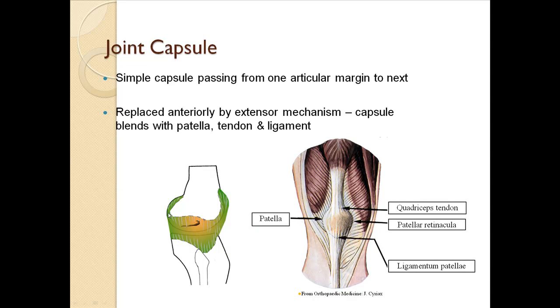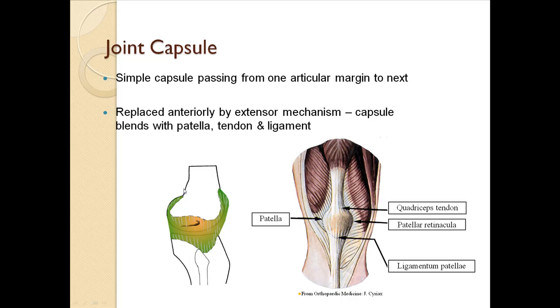It passes beyond the articular margins medially and laterally down to beyond the articular margins lower down on the tibia and fibula. So here we've got the capsule passing from the lateral femoral condyle above the groove for popliteus, extending right down here to the head of fibula and to the tibia.